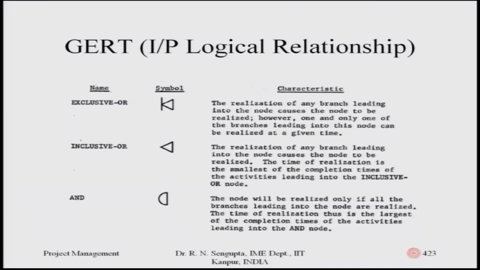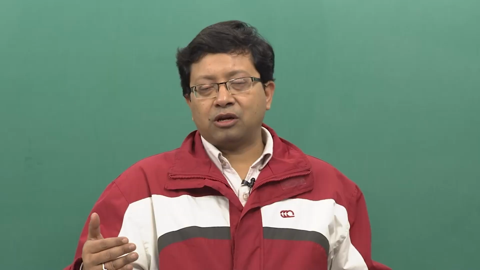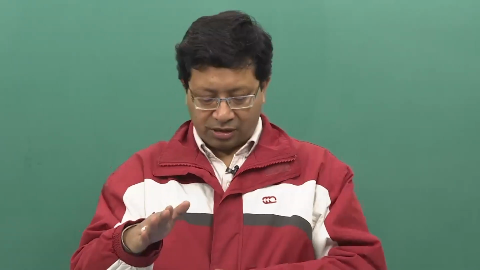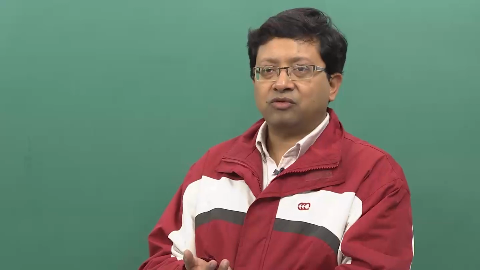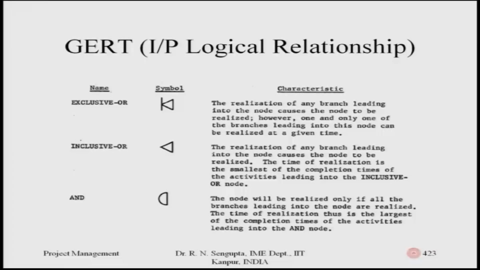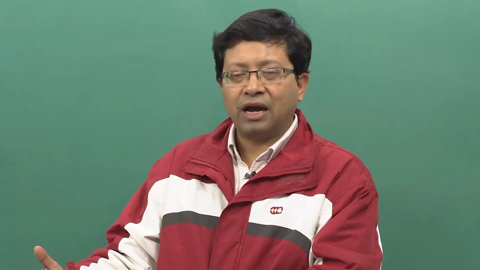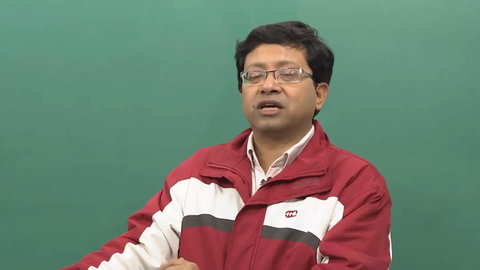The discussion which we had just a few minutes back, depending on the combinations, would obviously mean that either you take the minimum time or the maximum time. Now, the point of maximum time is coming here, or the realization would be coming here. If you read the last characteristic, of AND, it states the time of realization is thus the largest of the completion times of the activities leading into the AND node. That means all of them combined together must be achieved, such that the next stage is achievable, or the next stage of the job or the activity is active.